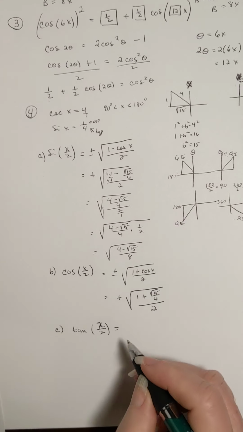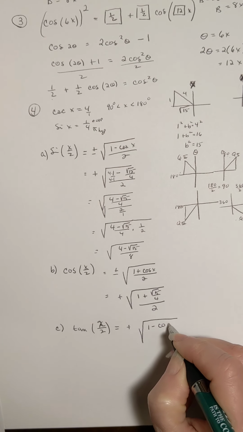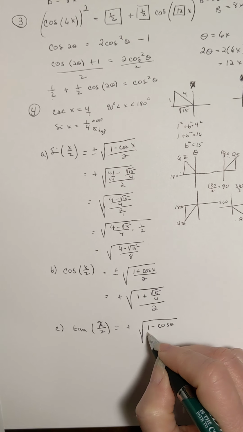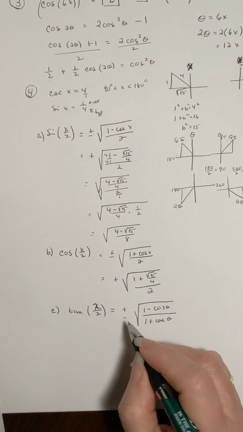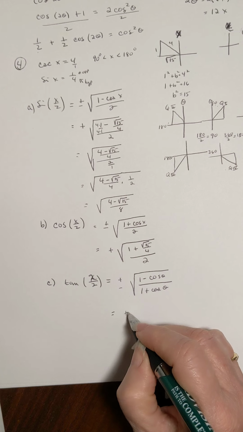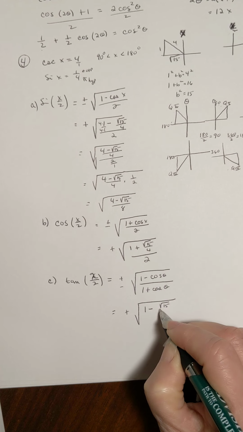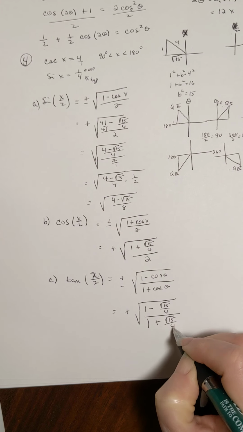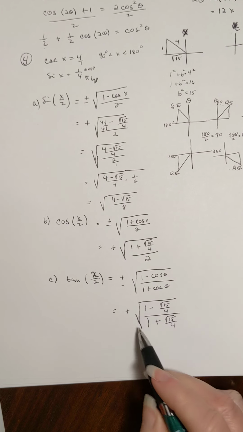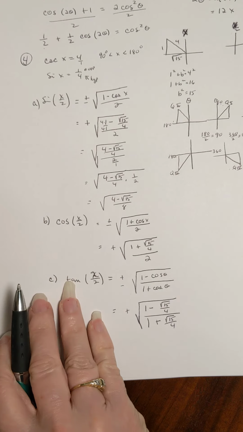And so I'll take the plus and the square root of 1 minus cosine of theta over 1 plus cosine of theta. And it would be plus or minus, but in this case I'm going to take the plus, and it would be 1 minus the square root of 15 over 4 divided by 1 plus the square root of 15 over 4. And of course you could simplify that if you wanted to, but again, you can just type it in just like that. So there you have the half angle formula, problem number 4. Okay.